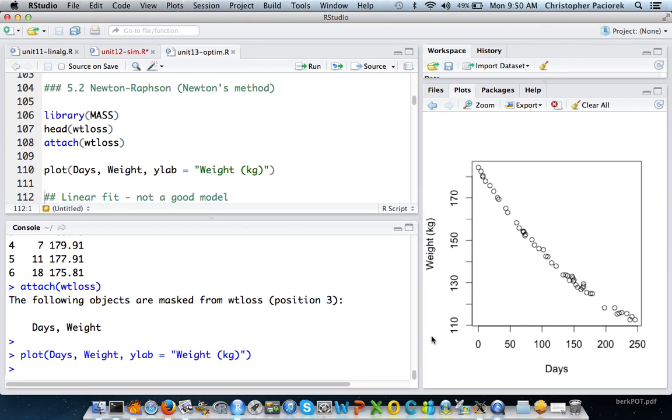So I imagine this is just one person over time. If we look at this, that doesn't look particularly linear, although it's not crazily different from a linear curve. And somebody came along and said, well, maybe this mean function, if I take out the minuses here, might be a reasonable mean function to fit something that has this curved shape to it. So the idea is, let's try and fit the nonlinear least squares problem that I've set up to these particular data and try and find the best values of beta 0, beta 1, and beta 2.